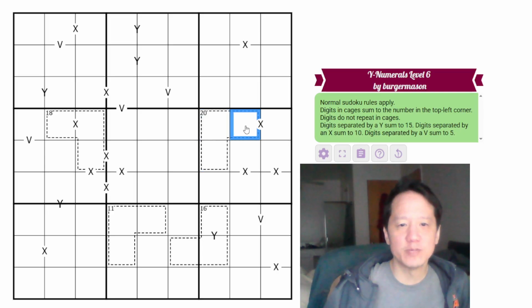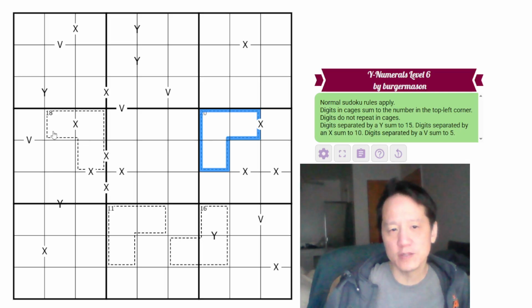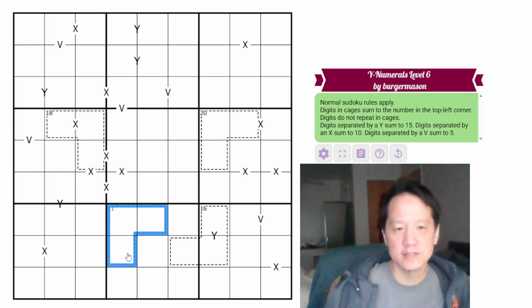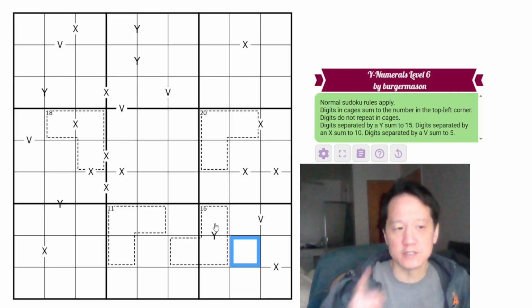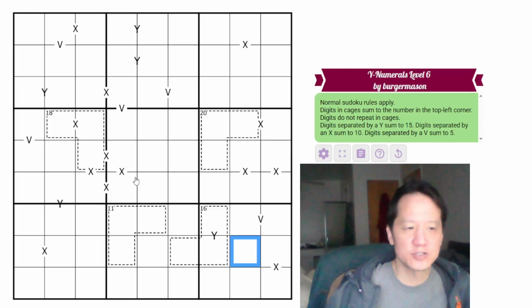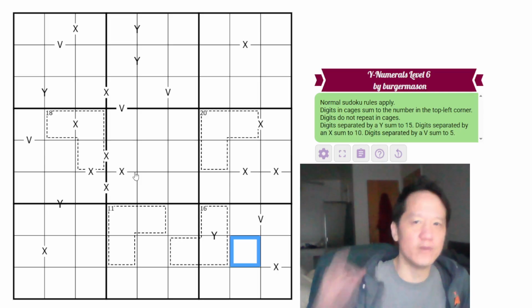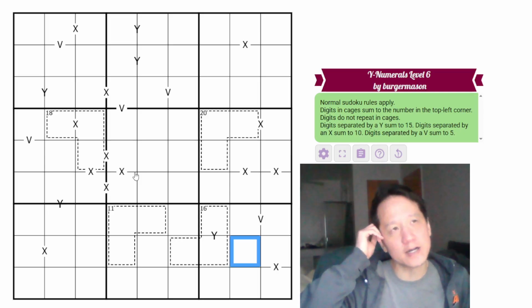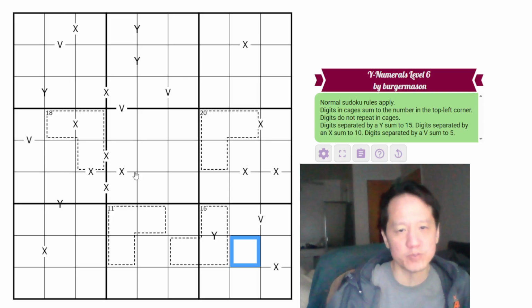For example, these three digits add up to 20, these three add up to 18, these three add up to 11, these three add up to 16. And digits cannot repeat in these cages. There are some rule sets where they change that rule, so you always have to be a little bit careful with killer cage rules, because they can change them depending on what the puzzle needs. But that's the rule set for killer cages.